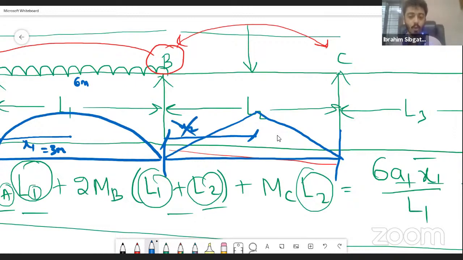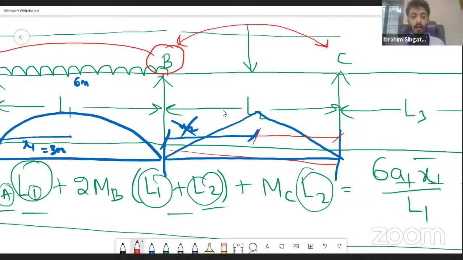X2 will be this distance. X2 is going to be the centroidal distance from the center of the bending moment diagram to this end, to the right end. If we are taking ABC, between AB it will be at A, between BC it will be at C.